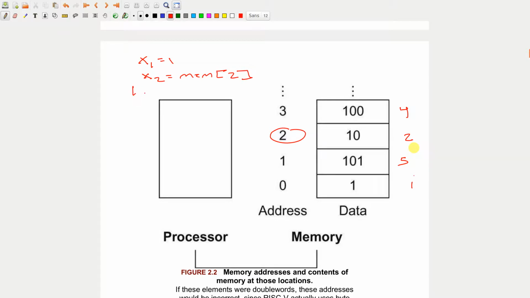We would have to do something along the lines of load into x2, 1 of x1. And so what 1 of x1 gets translated to is x1 plus 1, or 1 plus 1, which is 2. That makes sense? So this constant right here is just an offset. So if we have some value here, we can always just use an offset.